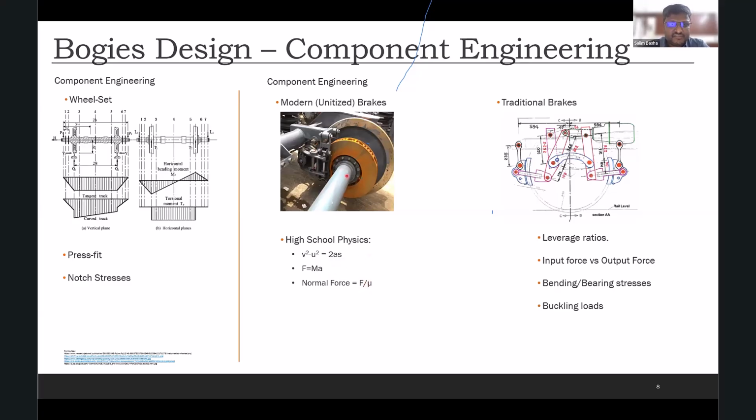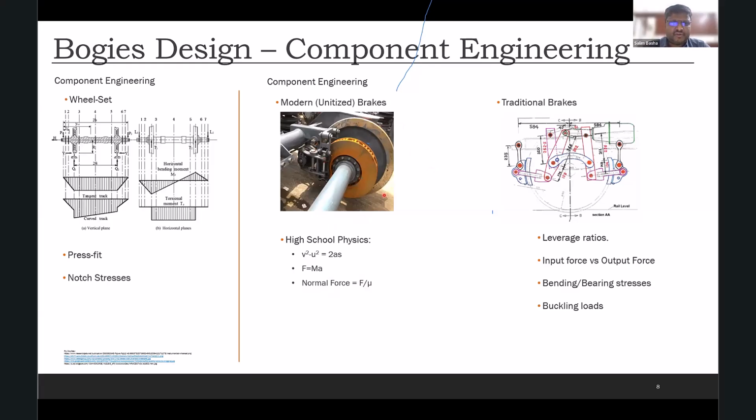We know that the frictional force is nothing but the normal force multiplied by the friction coefficient. So we just take it to the other side and calculate what my normal force should be to be able to decelerate the train. And then it's all simple high school physics calculations which will tell us what force I need to apply to stop the train in the intended stopping distance that I have.